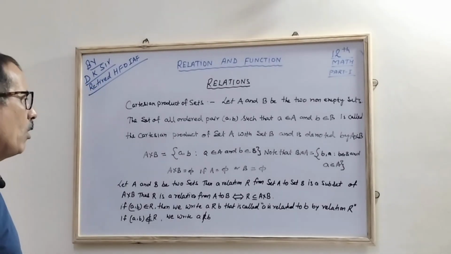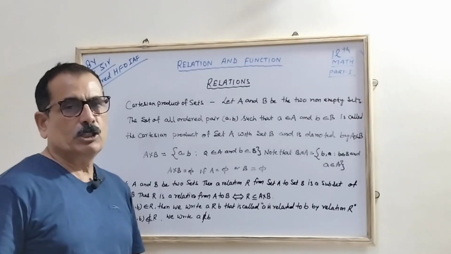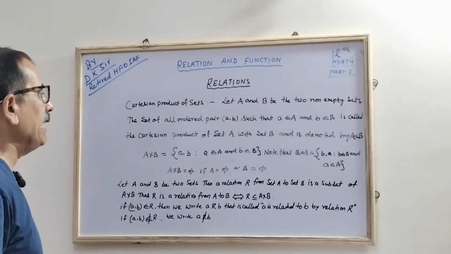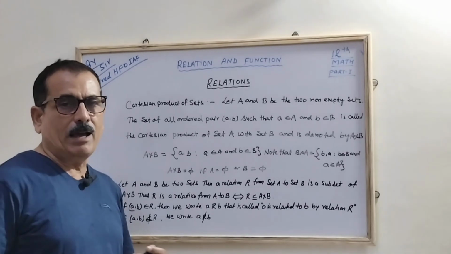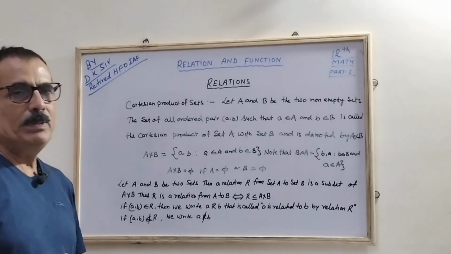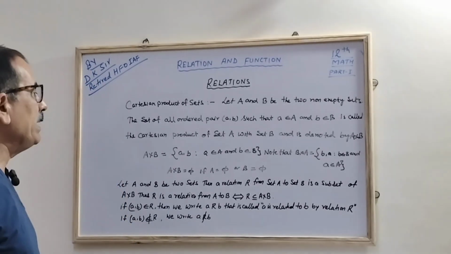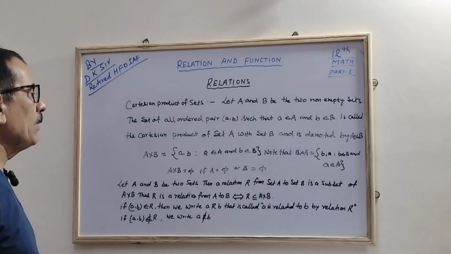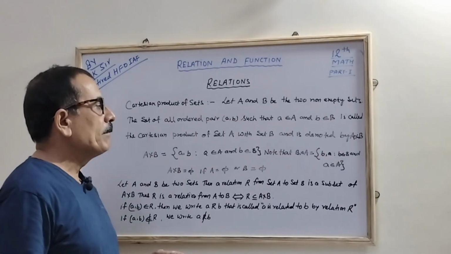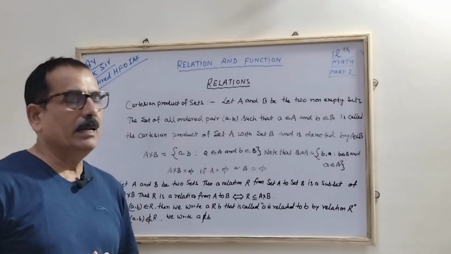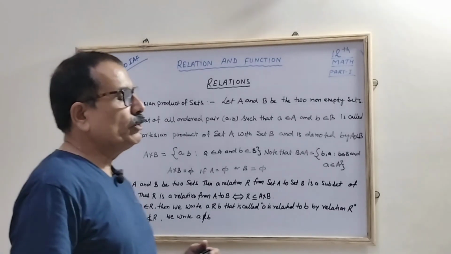The set of all ordered pairs (a, b) such that a is an element of set A and b is an element of set B is called the Cartesian product of set A with set B, and is denoted by A × B.